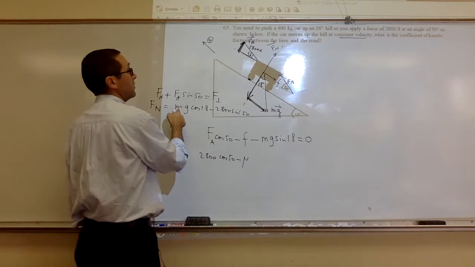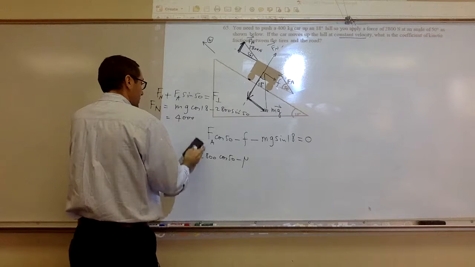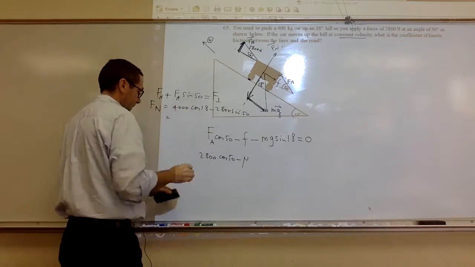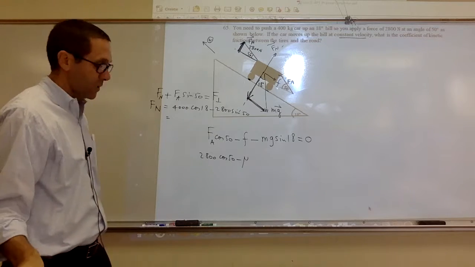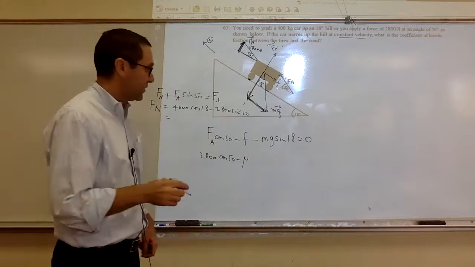So this is going to be 400 times 10, so that's 4,000. We can do the math in one shot. So 4,000 cosine 18 minus that, so you get an Fn equal to 1659.30.